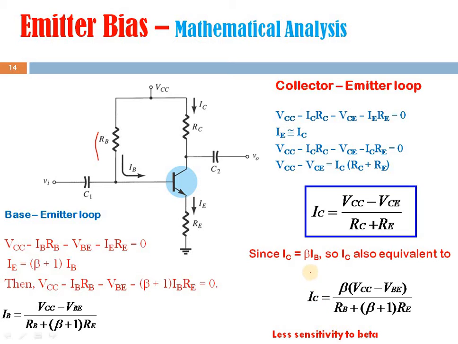So this was the mathematical proof that here IC is less dependent on beta, because beta appears in both numerator and denominator. And in the earlier slide we saw the qualitative analysis, where we saw how the introduction of this RE produces a negative feedback which helps us to reduce the sensitivity of IC on beta.